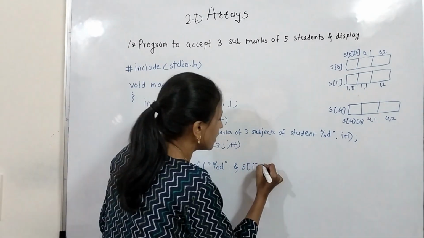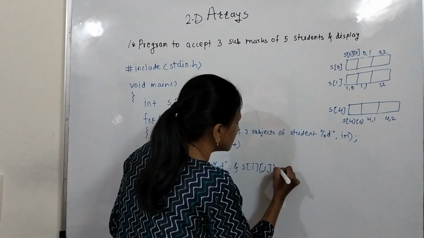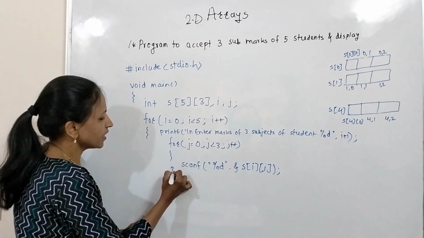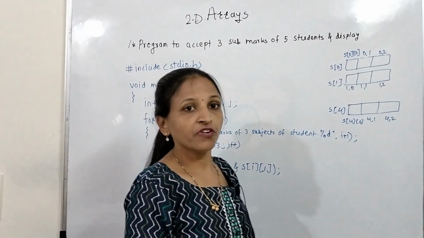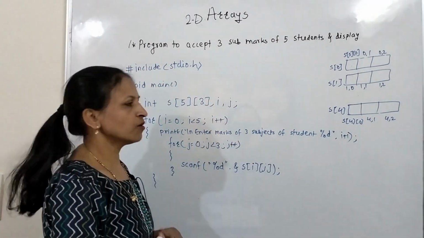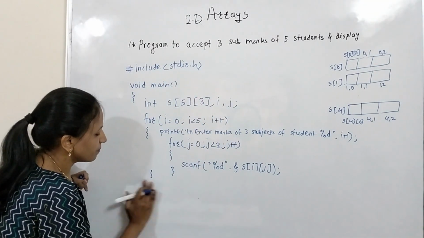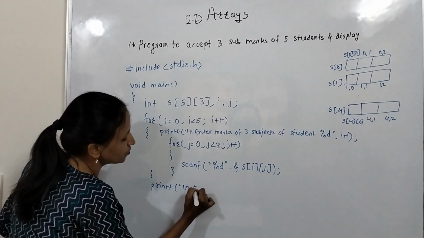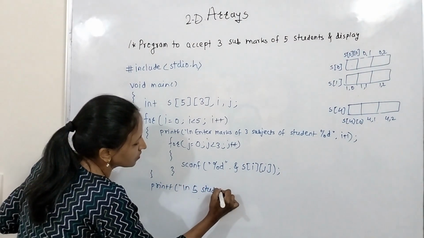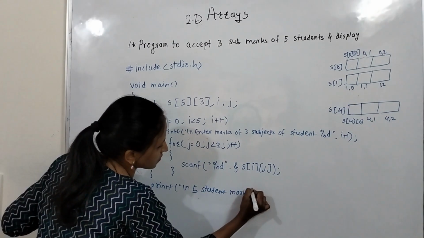Now s of I, and then here we have to put j. In this way we can access marks of 3 different subjects of 5 students, and the same thing we have to display now. First we will display a message like printf, 5 student marks.